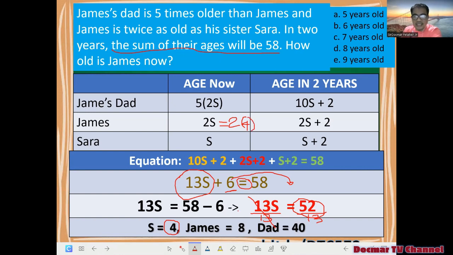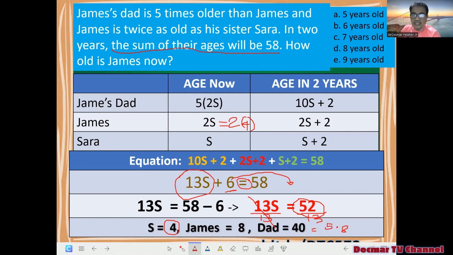What about the dad? Since the dad is 5 times 2S or 5 times 8, because the age of James is 8, so we have to multiply 5 times 8 is equal to 40. Okay, am I right? So that is the value. Therefore, in 2 years naman, so what will be the age of James' dad?